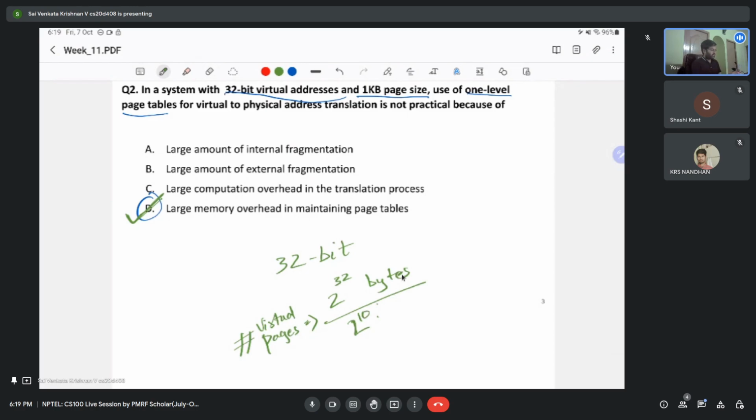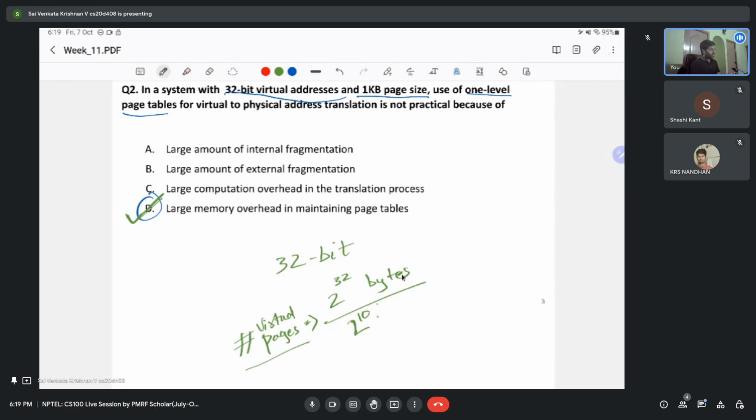So that's 1 KB, right? So in that case, these many virtual pages you would require. So if you require these many virtual pages, then you should be requiring those many entries in your page tables to uniquely map these virtual pages into physical pages.